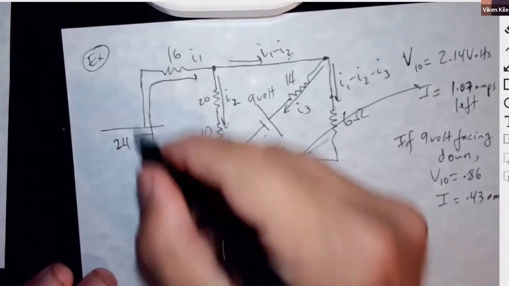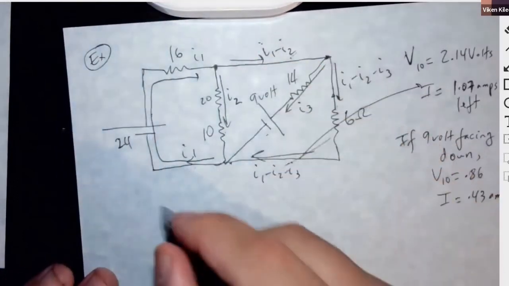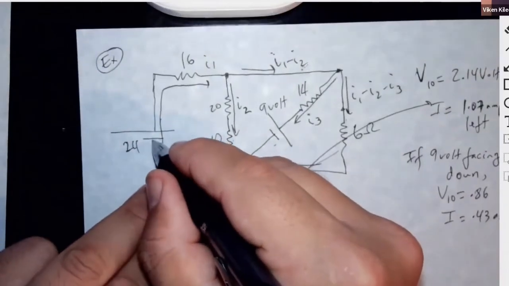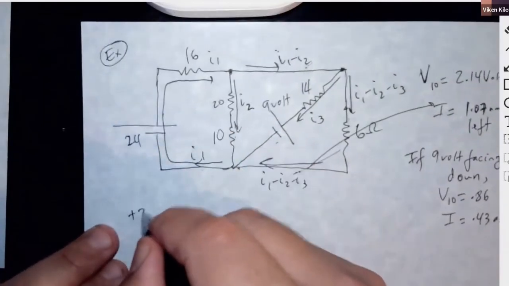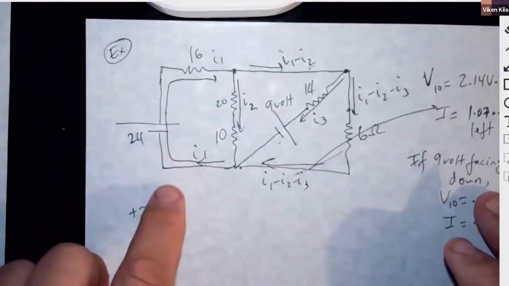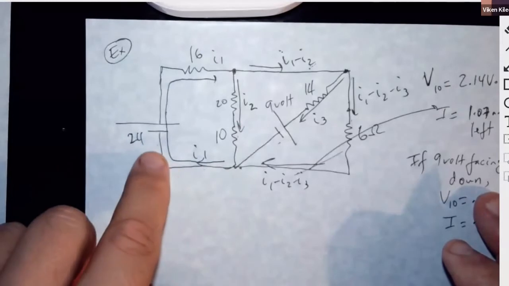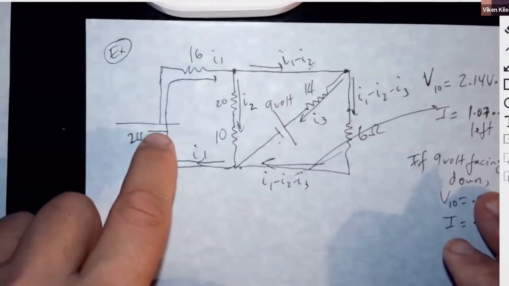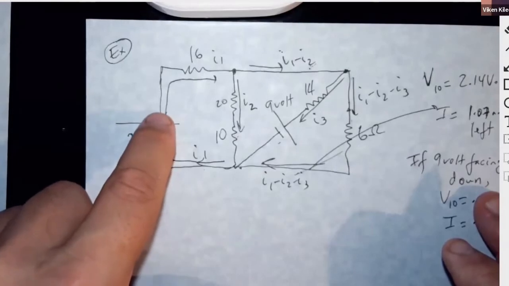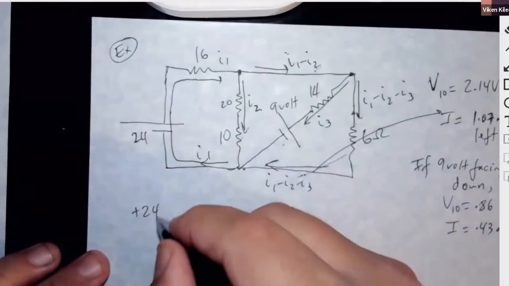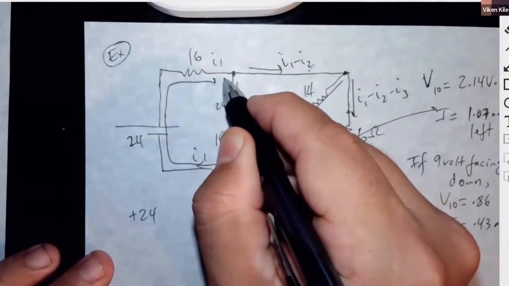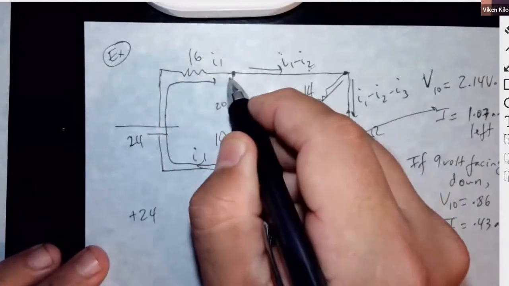So you can do this one loop, right? So you go like this and you say, okay, I'm gaining 24 volts when I'm going up. So with battery, the rule is that if you're analyzing the current this way, when you go from the negative of the battery to the positive, you gain voltage, right? So then you gain 24. Then you go with the current across the resistor, you're losing voltage.